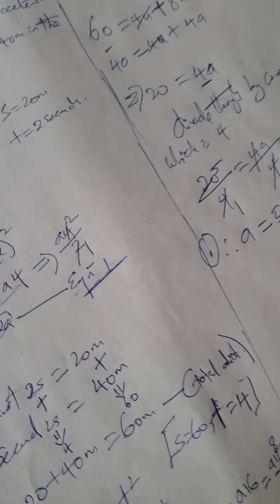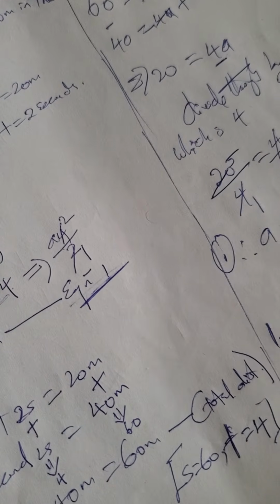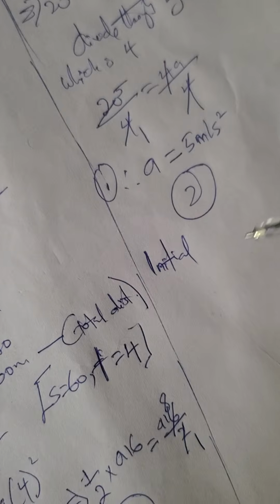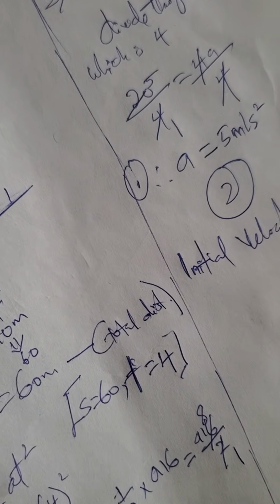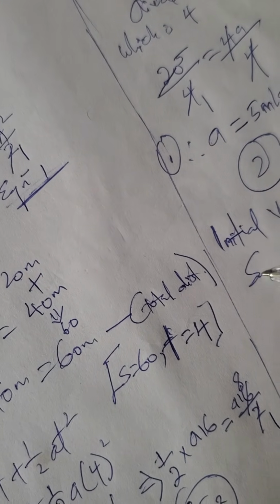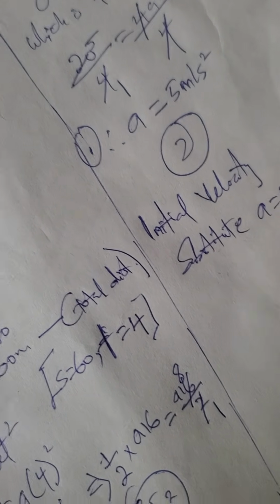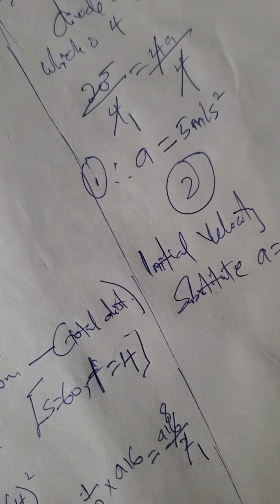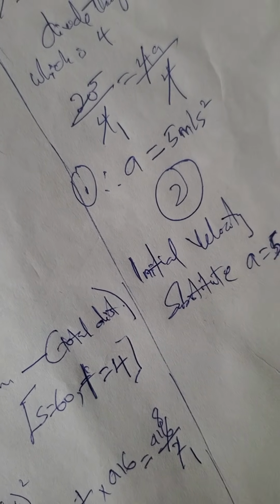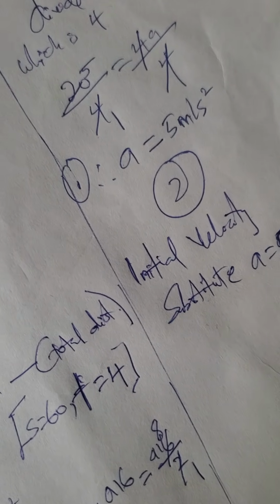Okay, so now let's go for the second one, to find the initial velocity. We said substitute a equals 5. Whenever you see a in equation 1, which we are going to substitute into, you put 5.